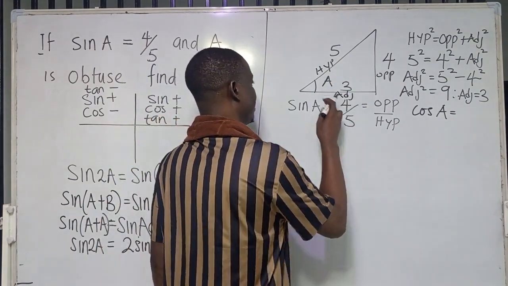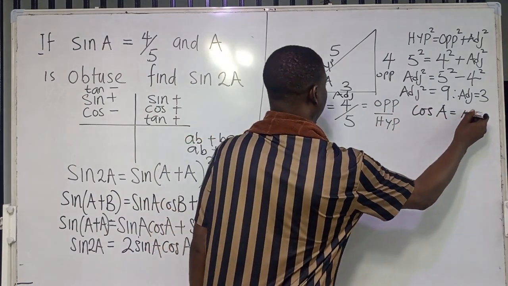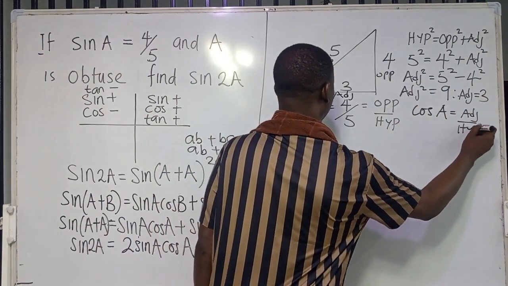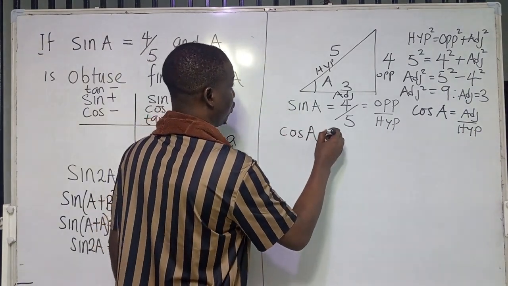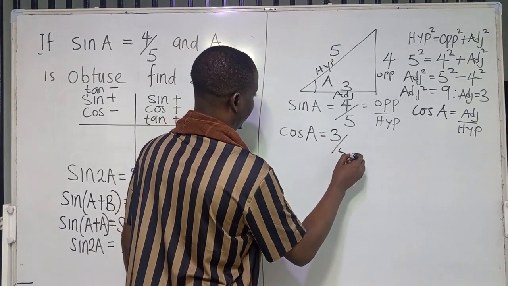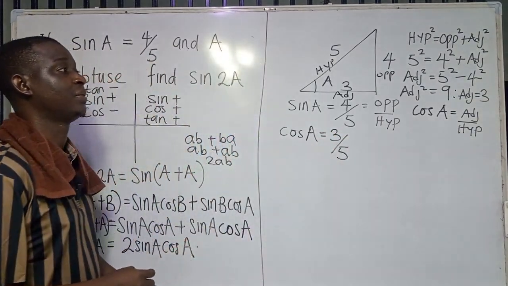Since that is 3, adjacent over hypotenuse is your cos. So cos A will be equal to 3 over 5. It's as simple as that.